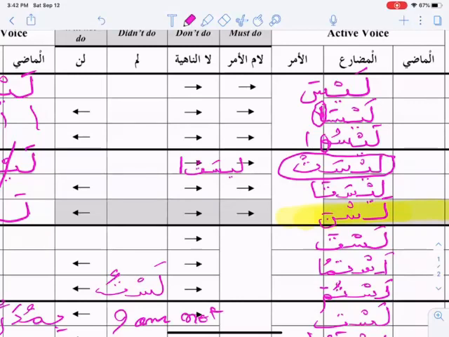But because there's a sukun here, there's a sukun here, and we cannot have 2 sukuns, so this changes into fatha. So laysata, that is how you have it. Here it is laysat, there's a sukun. But here there is no sukun, so it is laysata. So this alif is alif tathniya.